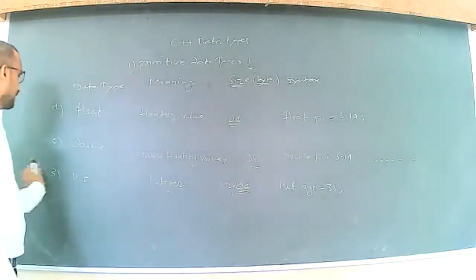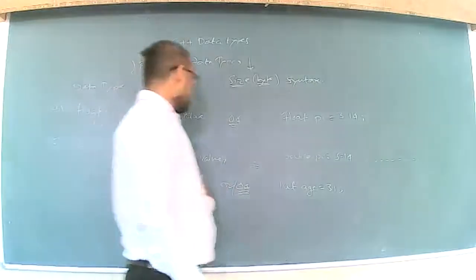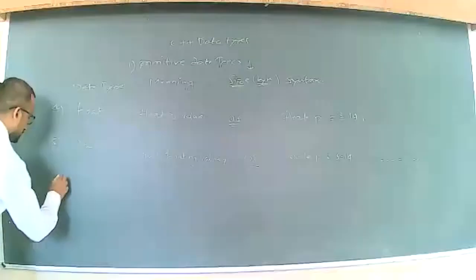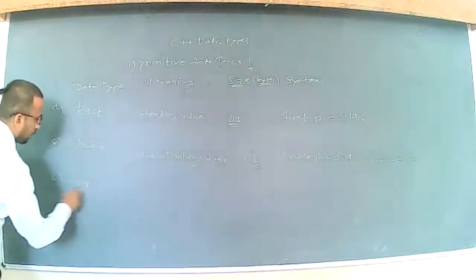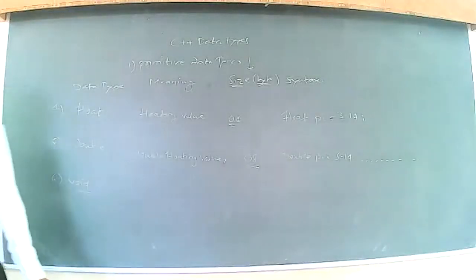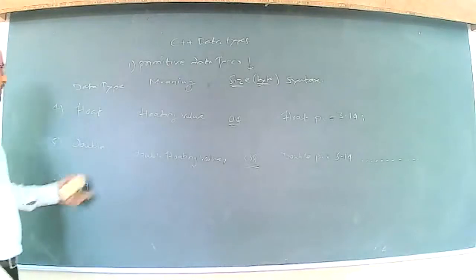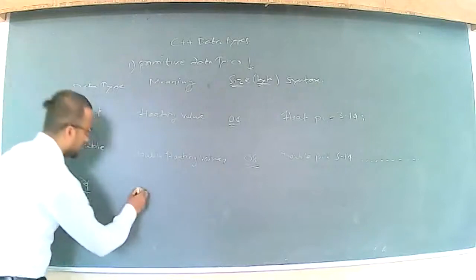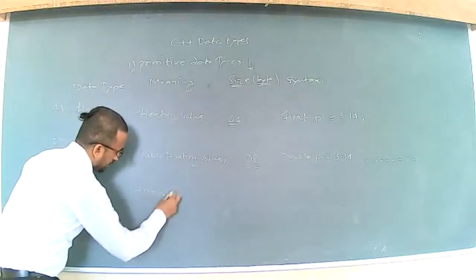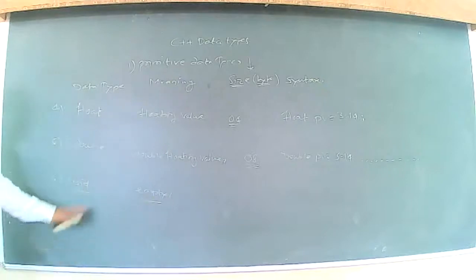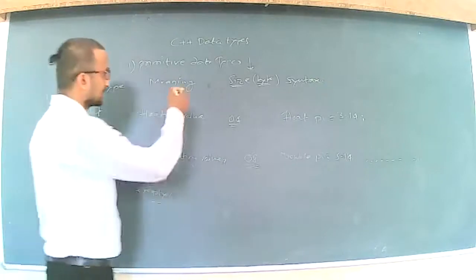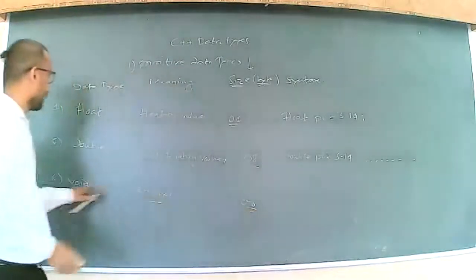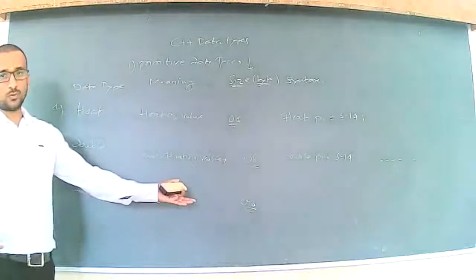After this double, we have the last one that we discussed yesterday, that is nothing but the void data type. Okay, you all know its meaning is that it is an empty data type. As it is an empty data type, the size required to store it is 0.